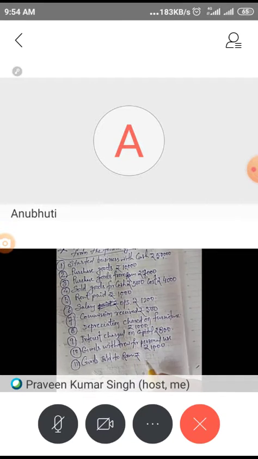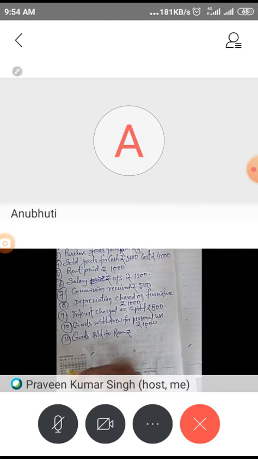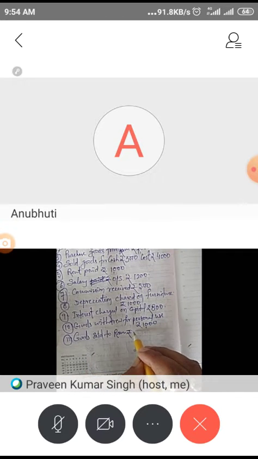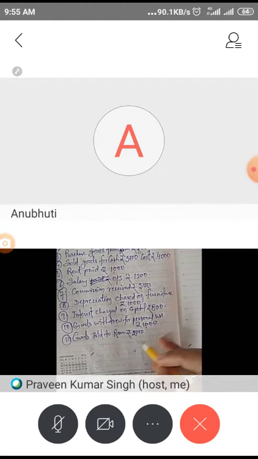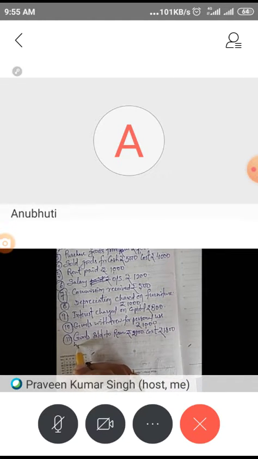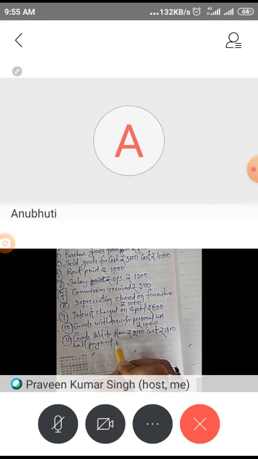I will make a complex question. Goods sold to Ram rupees 2,000, cost rupees 1,800. Half payment received.